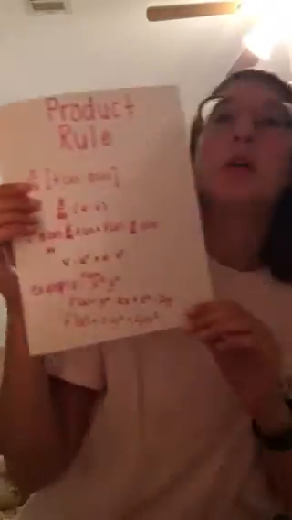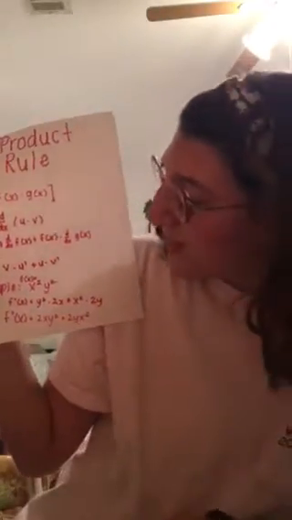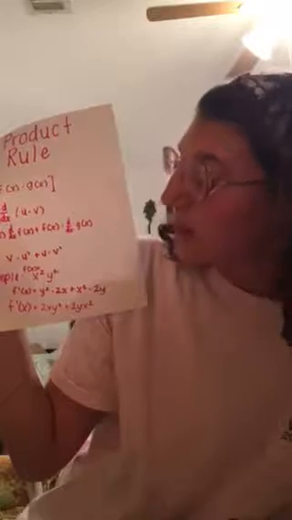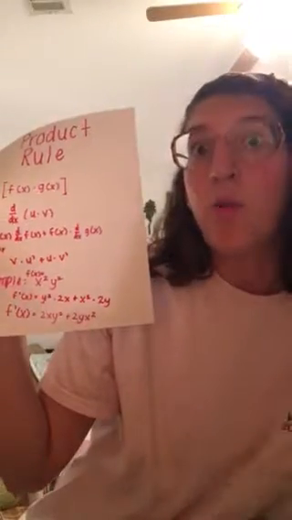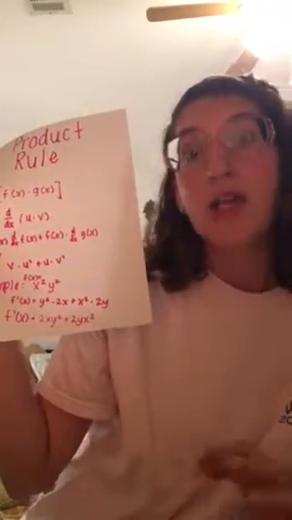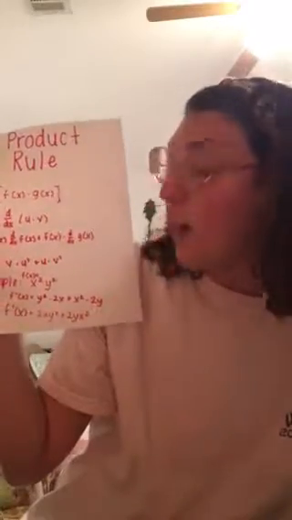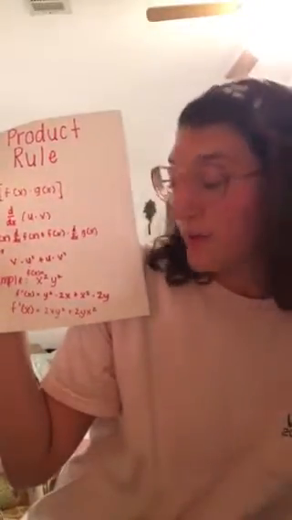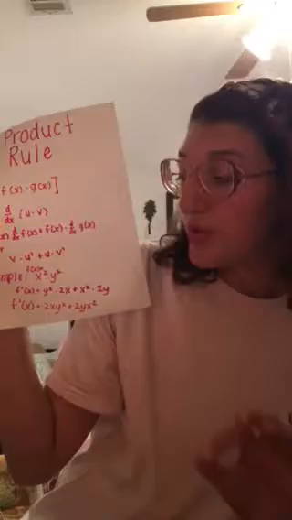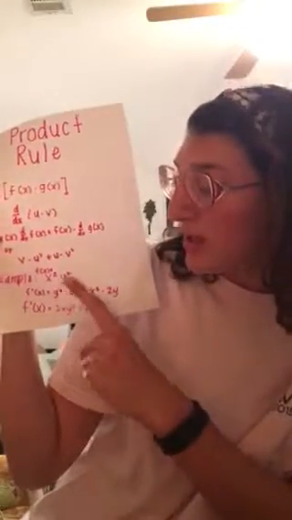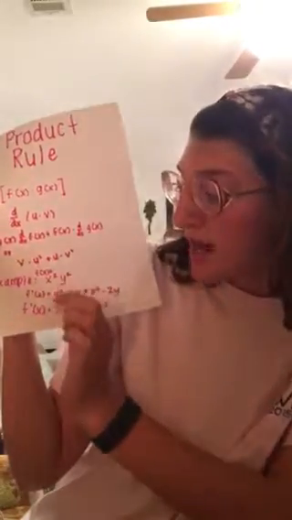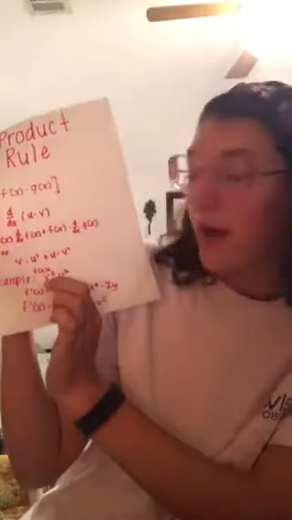And these are just placeholders for actual functions. An example of this is if we had x squared times y squared, x squared being the function f of x and y squared being the function g of x in this situation. The derivative of that would be the function g of x times the derivative of f of x.